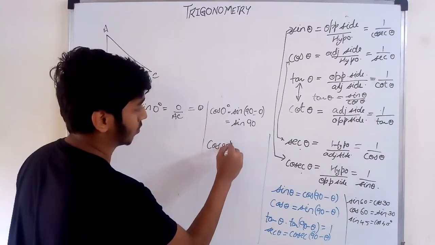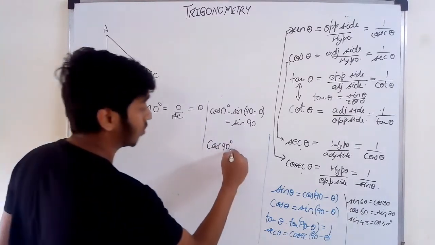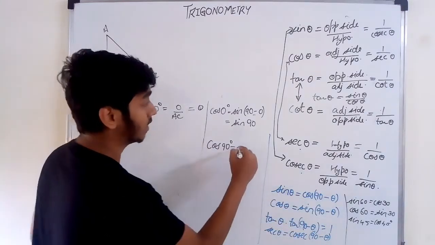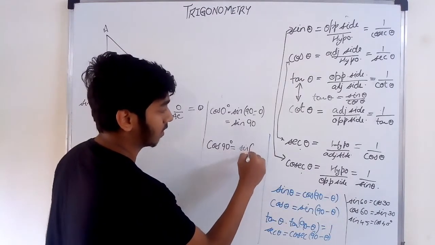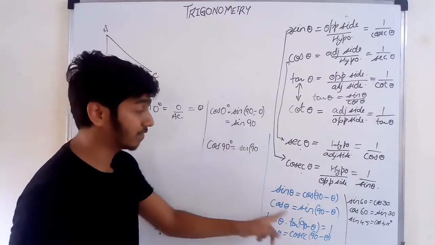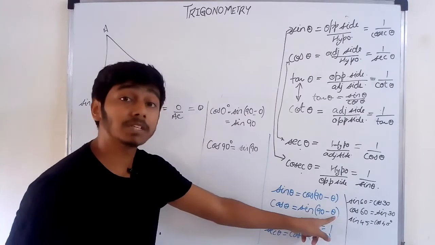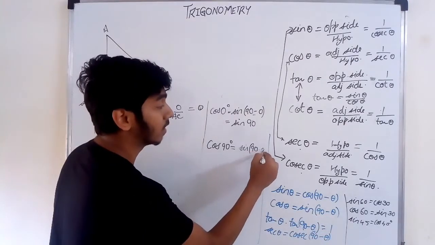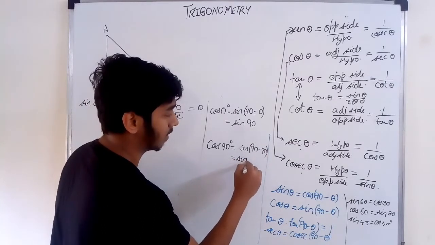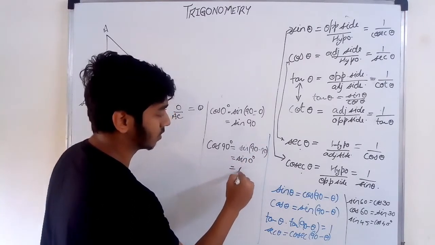We are also finding cos 90. We can find cos 90 how? Because cos theta is sine 90 minus theta, so cos 90 is sine of 90 minus 90, since theta is 90 here. So 90 minus 90 becomes sine 0, which is 0.